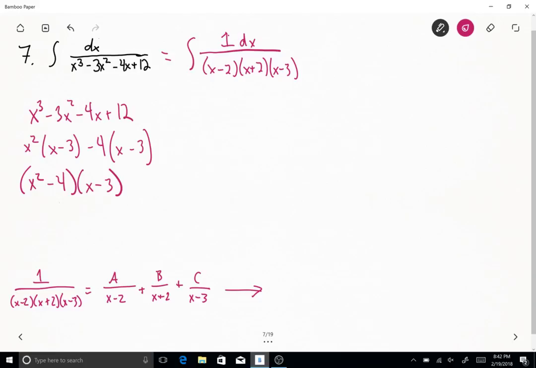That leaves us with the left-hand side, which is 1 equals a times the quantity x plus 2, x minus 3, plus b times the quantity x minus 2, x minus 3, plus c times the quantity x minus 2, x plus 2.